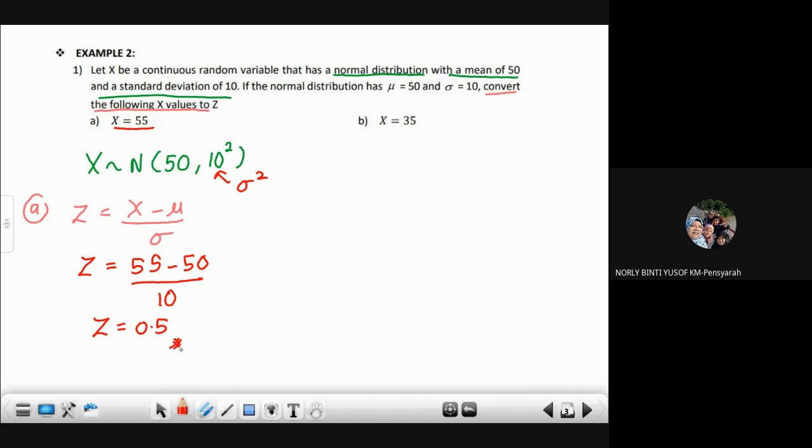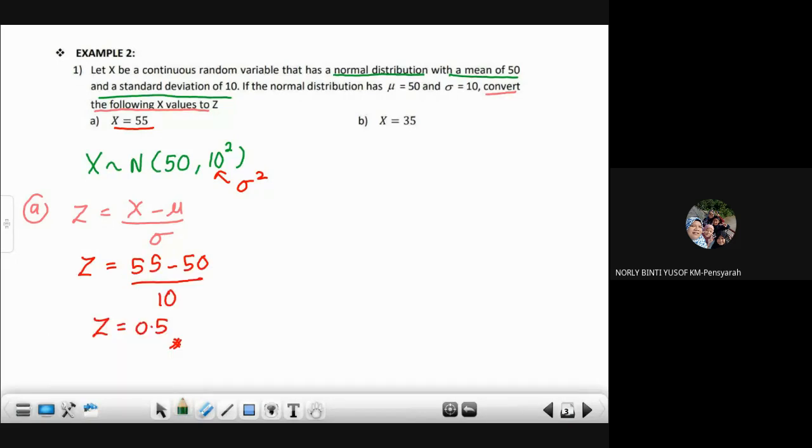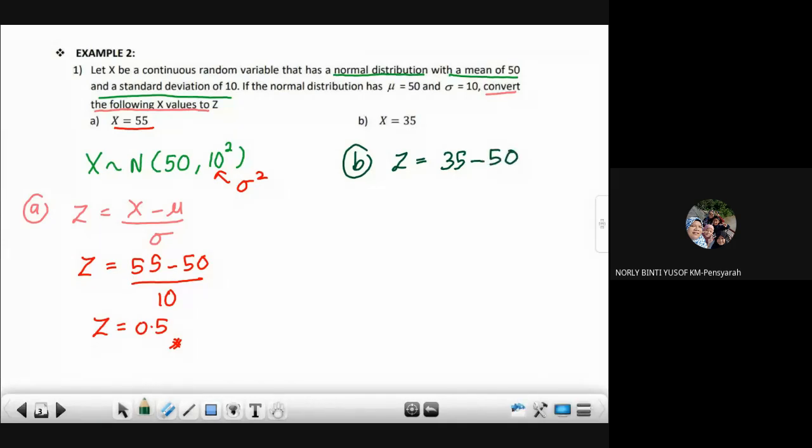That is your standardized score Z. And then B pun sama. So you standardize the score Z: 35 minus 50 divided by 10, your standard deviation. So your score Z is negative 1.5.